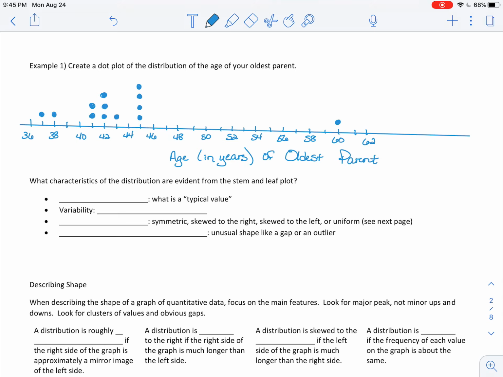So I got my 45-year-olds. There were 3 46s. There's 2 47s and a 48. Three 49-year-olds and 3 50-year-olds.